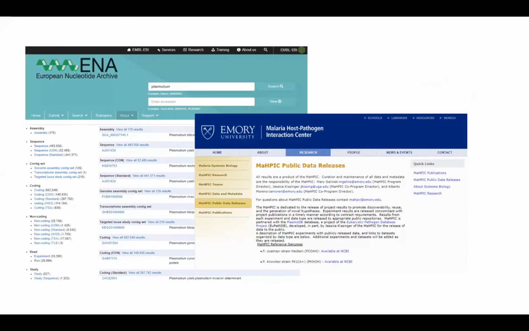So another repository is the Malaria Host Pathogen Interaction Center. Actually, it's not just a repository, this MAHPIC team strives to deliver unique large data sets that hold potential for major breakthroughs that ultimately will advance our understanding of malaria and help diagnose, prevent, and treat the disease.